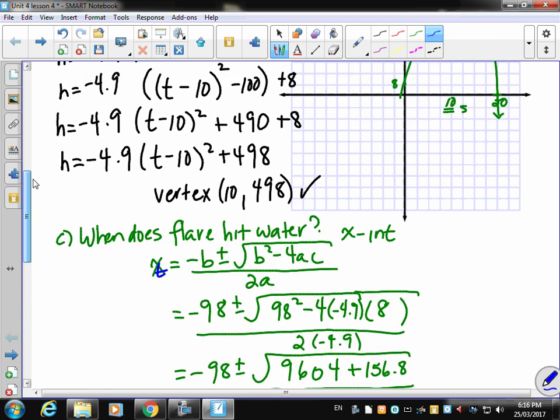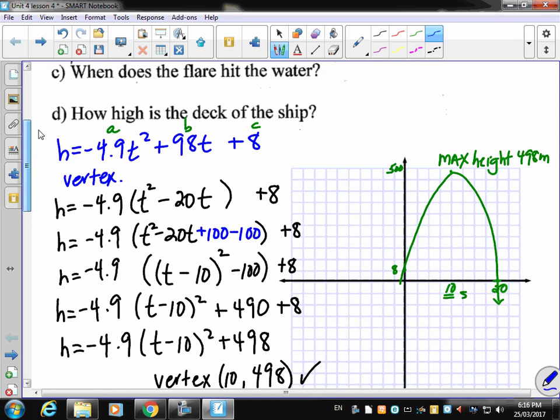And lastly, it says, how high is the deck of the ship? Well, that we don't have any work to do. That comes from standard form, which we were given at the beginning. So the deck of the ship is 8 meters high.